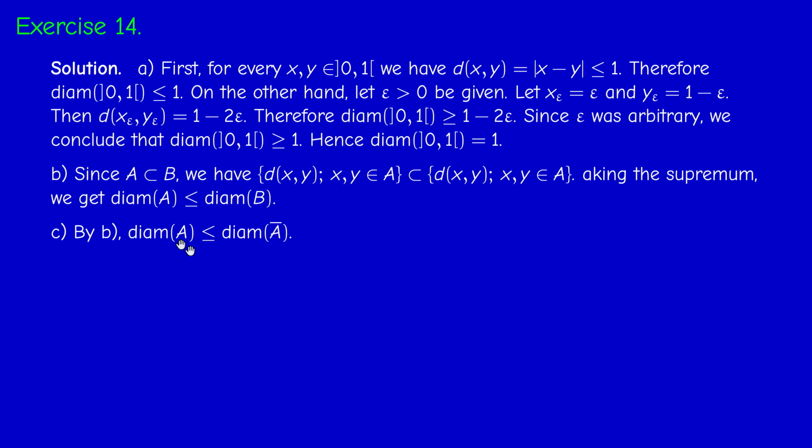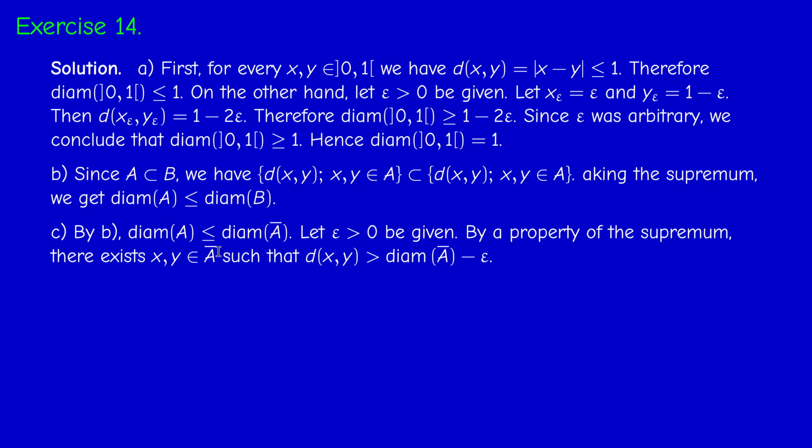By B, the diameter of A bar is bigger or equal than the diameter of A. To prove the converse, we take epsilon as usual. By a property of the supremum, when I subtract epsilon from the supremum, it's no longer an upper bound, so I can find an element in the set such that d(x, y) is bigger than the supremum minus epsilon.